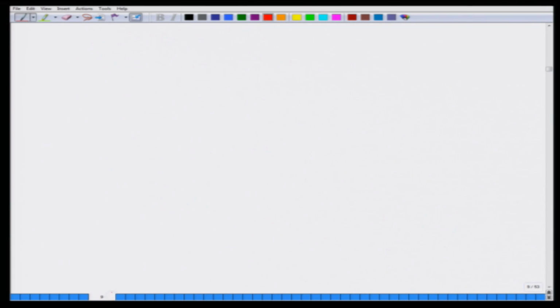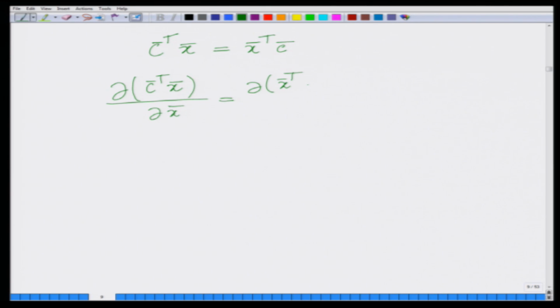Similarly, let us look at another aspect. Now, we know that c bar transpose x bar is equal to x bar transpose c bar. Therefore, the derivative of c bar transpose x bar with respect to x bar is equal to the derivative of x bar transpose c bar with respect to x bar, which is basically again c bar.